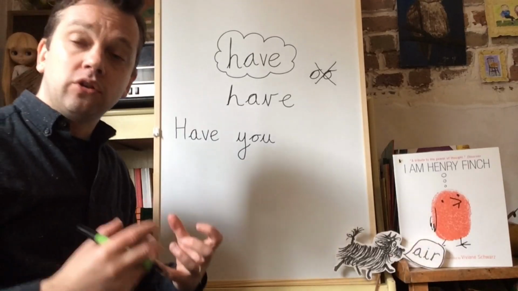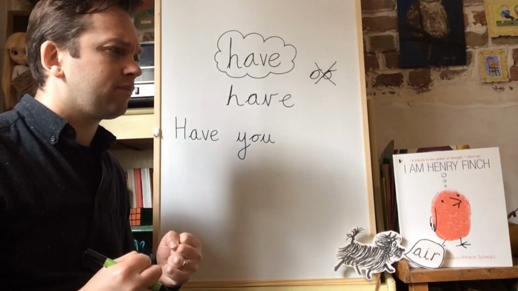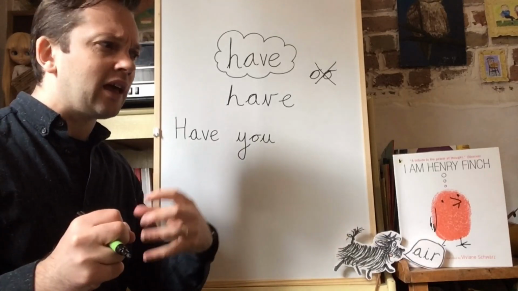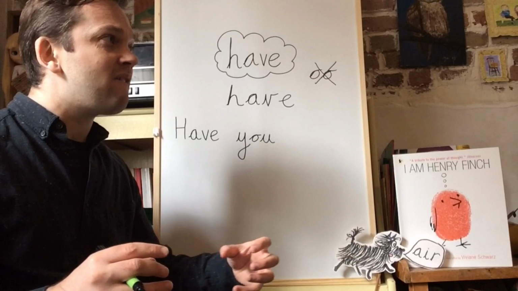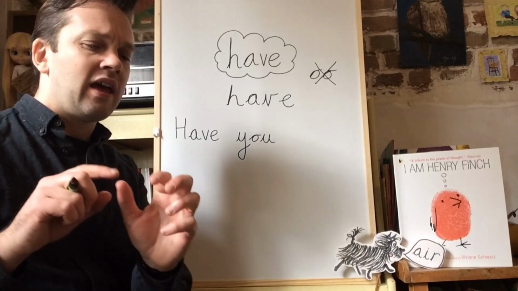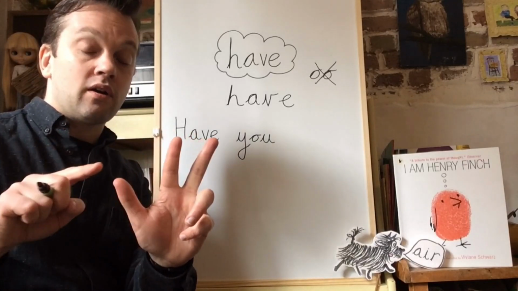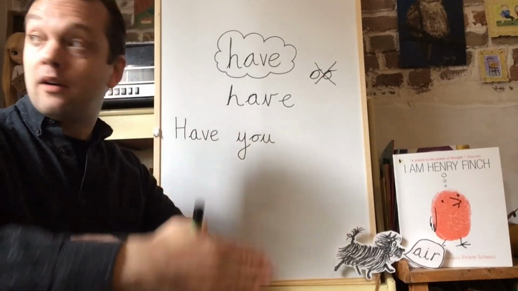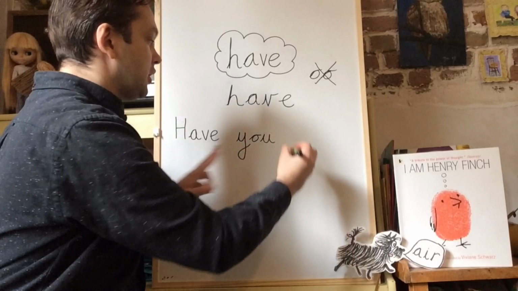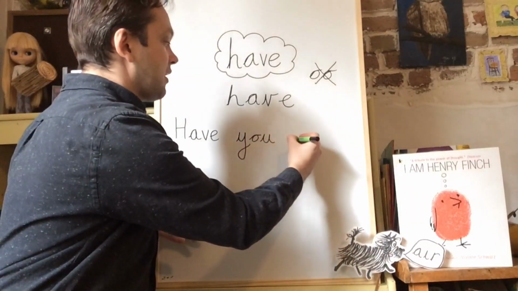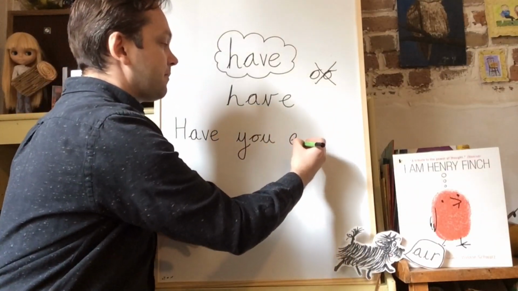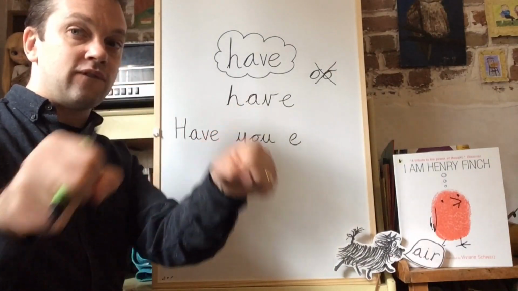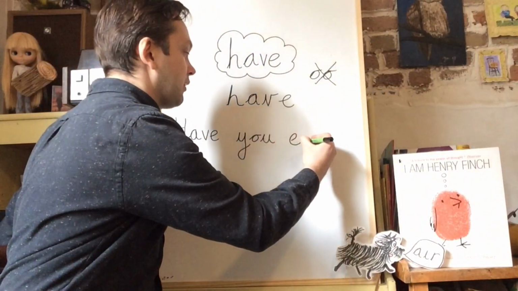Ever. Now we can use our phonics to spell ever. We make it long. Say it aloud. Ever. Ever. E. 2 finger spaces. E. E. Like driving a van.